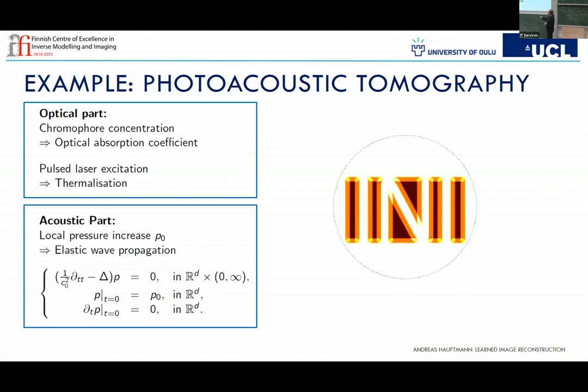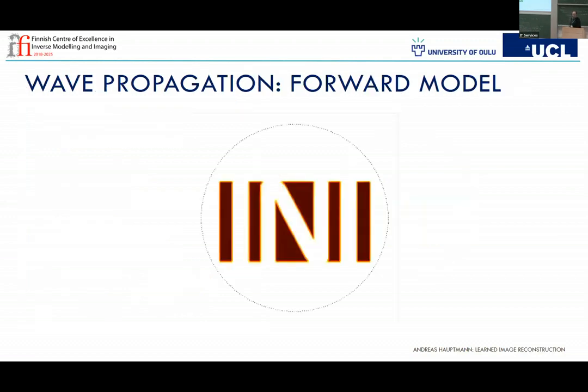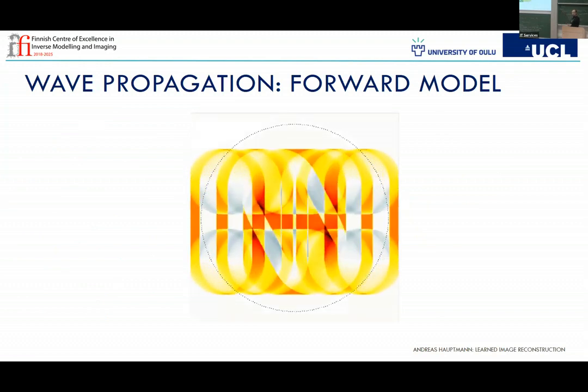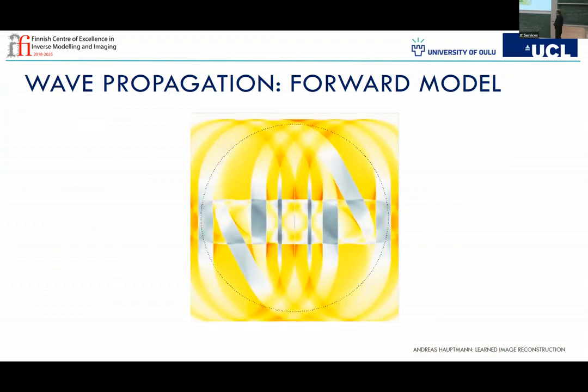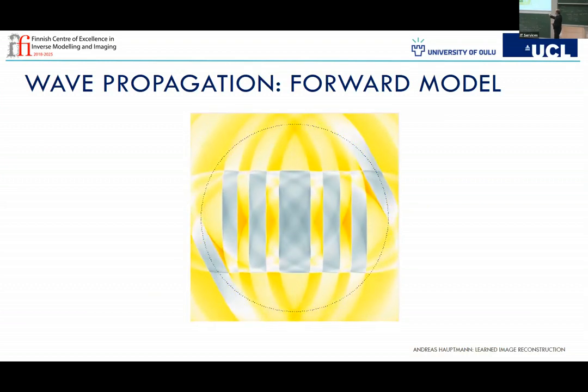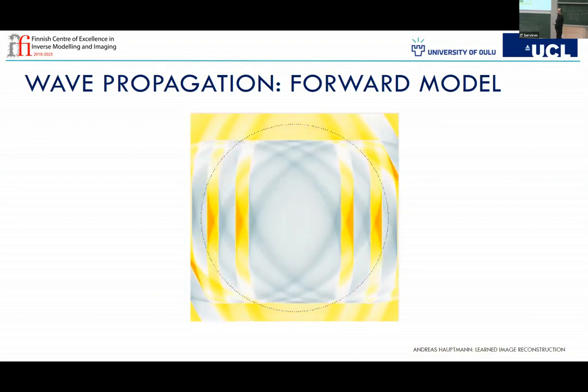So for the rest of the talk, we forget about that. We have an initial pressure inside the domain, and this distributes as a wave through the medium. So we have here an illustration. Here we have our initial pressure inside the medium, and then the wave distributes through the medium, and we collect the measurements on the boundary surrounding the target.